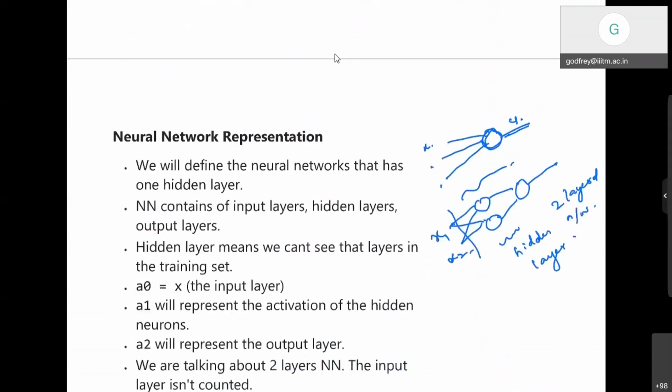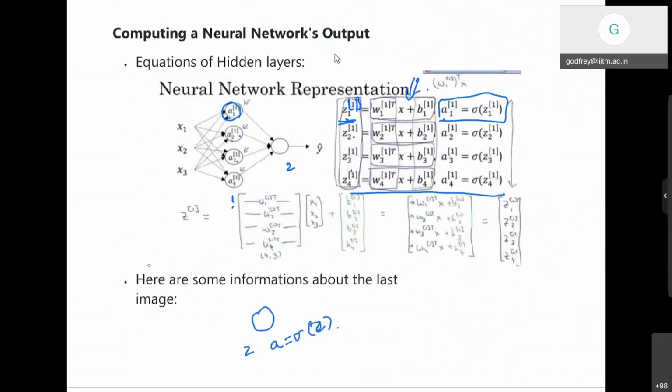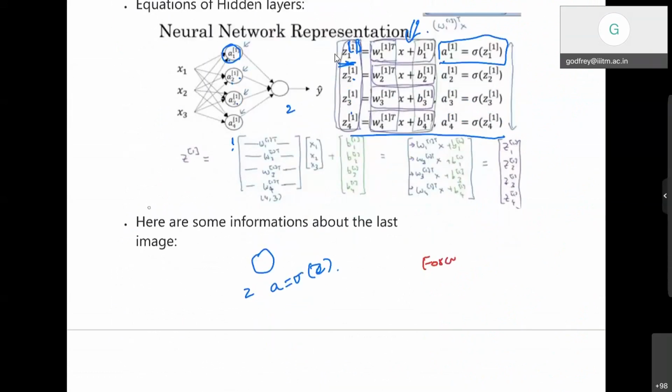So that is with respect to the logistic regression. Now with respect to a neural network, you have a forward propagation, and then you have a back propagation. In the back propagation, you compute the derivatives.